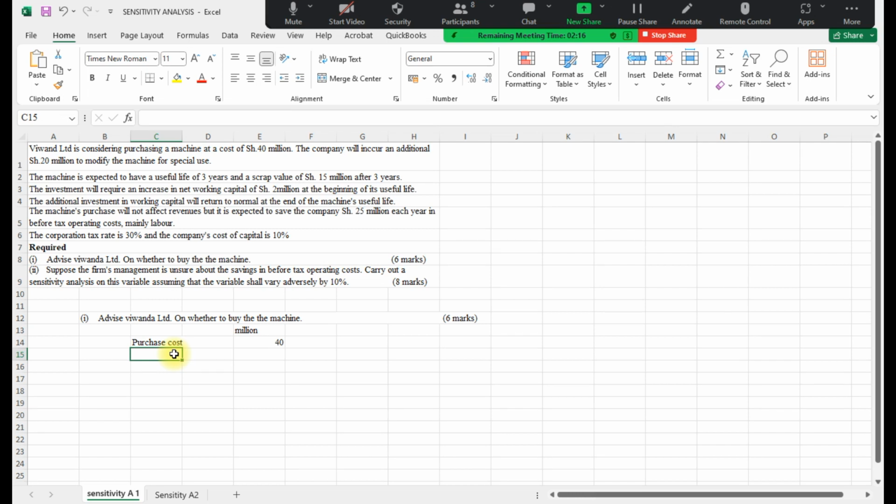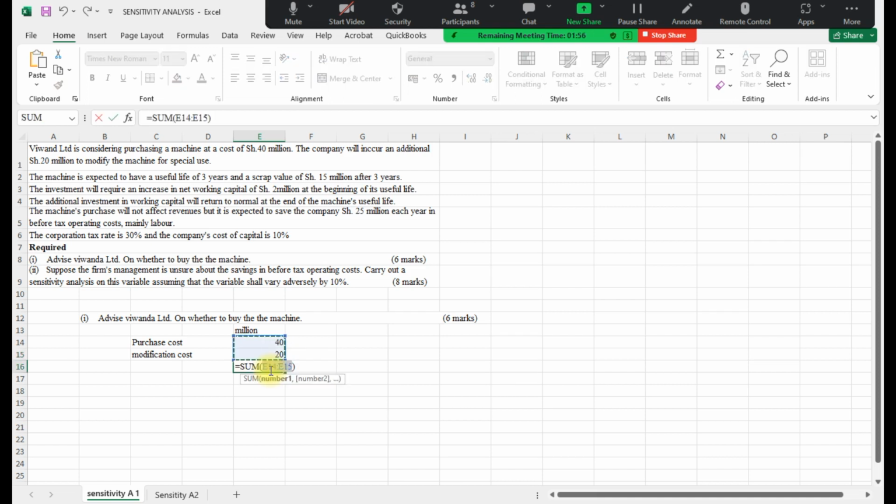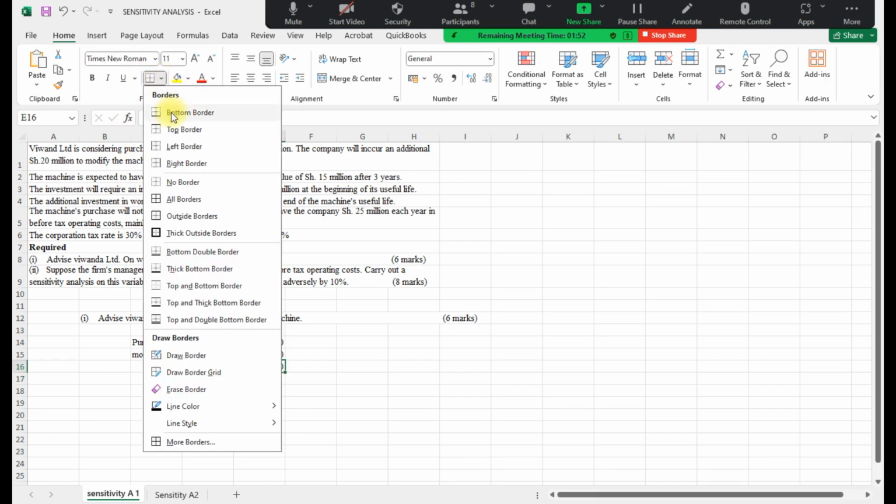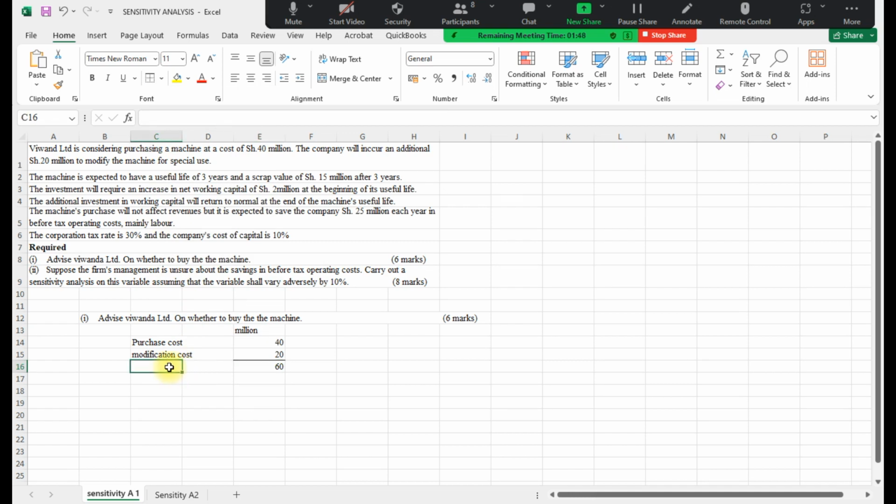We are told we shall need to do modification. The company will incur an additional 20 million to modify the machine for special use. So we shall have a modification cost of 20 million, giving us a value of 60. This is what we are calling the depreciable cost, because both the purchase and modification will depreciate.